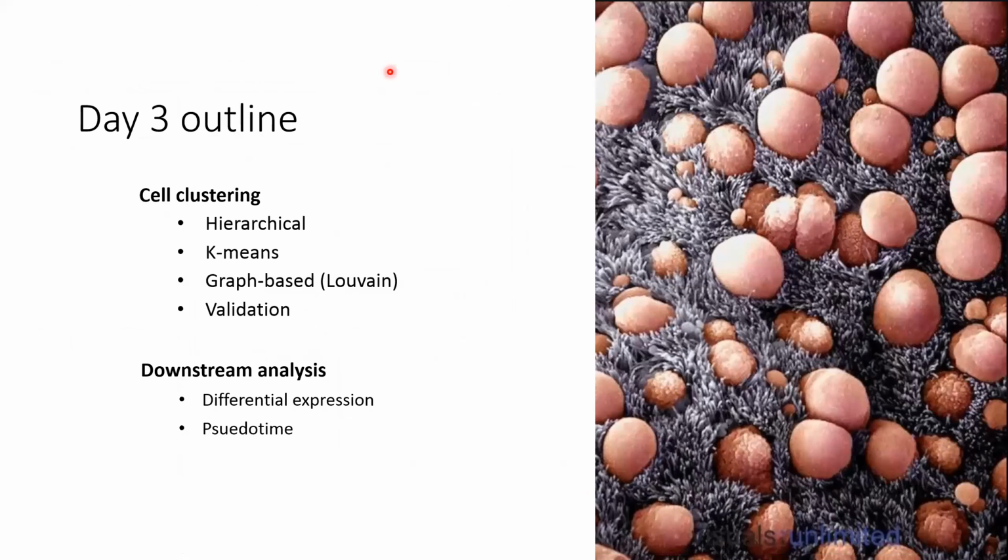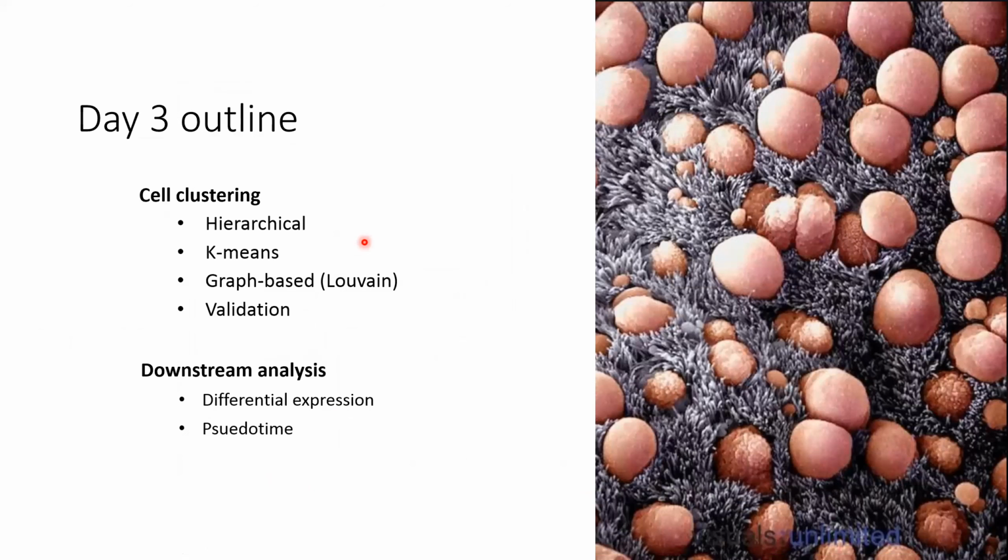So today is the final day of the workshop, and we'll cover the final steps of single-cell RNA sequencing analysis, which are cell type clustering and the quantitative comparison of transcriptomes. I'll do a quick recap of the concepts we've covered so far, and then we'll discuss algorithms which partition cells into transcriptionally similar groups.